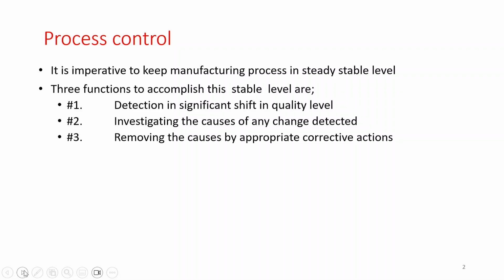Point two, investigating the causes of any change detected. We have to find out what is the cause of the shift. So that reasoning we have to do, what could be the reason, and then we need to find out what is the appropriate corrective action to be taken.